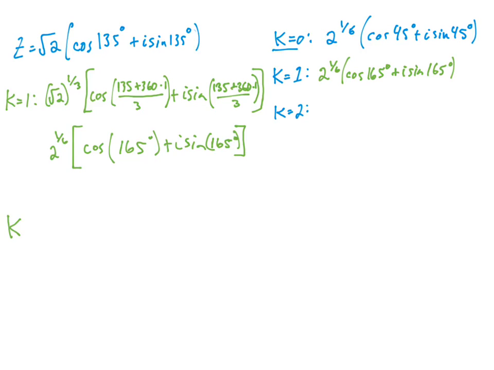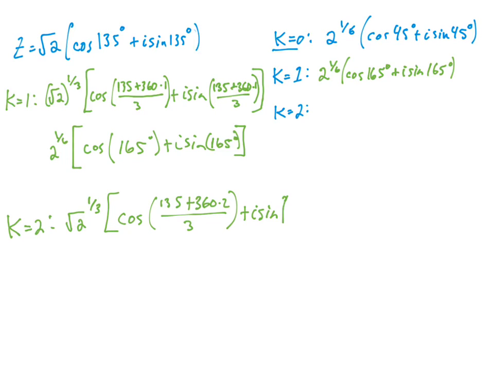Alright, and then when k is equal to 2, we follow the same procedure. Square root of 2 raised to the 1/3 times cosine of 135 plus 360 times 2 divided by 3 plus I sine 135 plus 360 times 2 divided by 3.